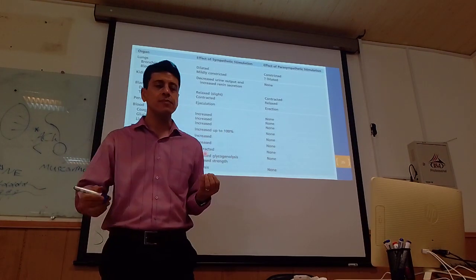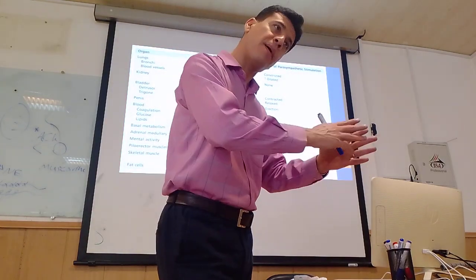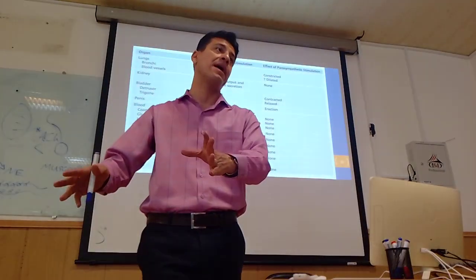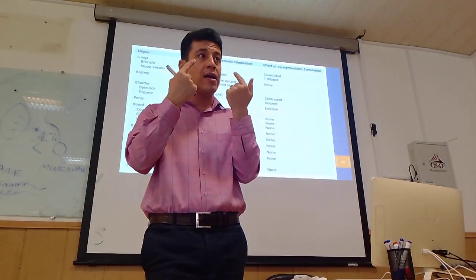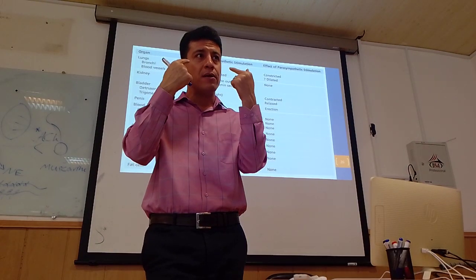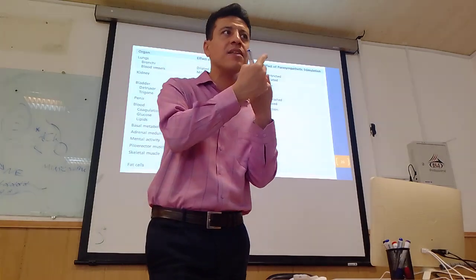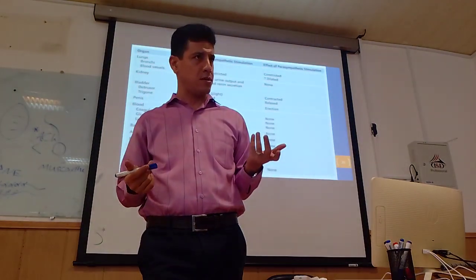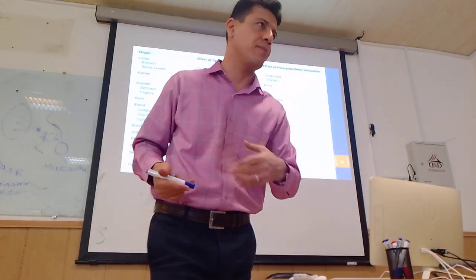It is not the case that the whole sympathetic system is active and the whole parasympathetic system is inactive. No, it's not like this. For example, in the eye, both sympathetic and parasympathetic innervation happens. Sometimes you need the sympathetic innervation, some other time you need parasympathetic innervation.